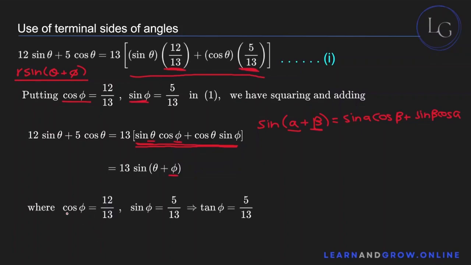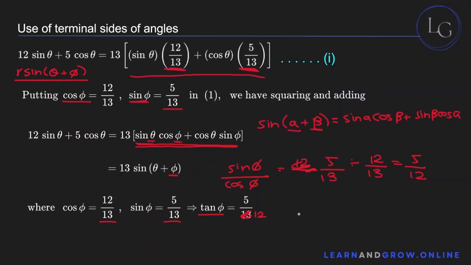Well, you know that cos phi is equal to 12 by 13. You know that sine phi is equal to 5 by 13. What's tan phi? It's just sine phi divided by cos phi. And that just ends up being, well, let's just do it by hand. Sine phi over cos phi. That means 5 by 13 divided by 12 by 13, and that ends up being 5 by 12.